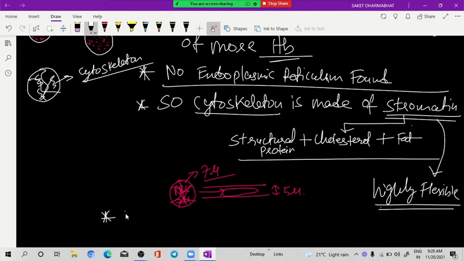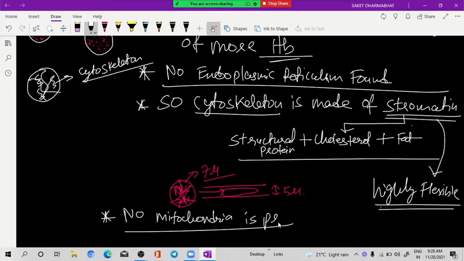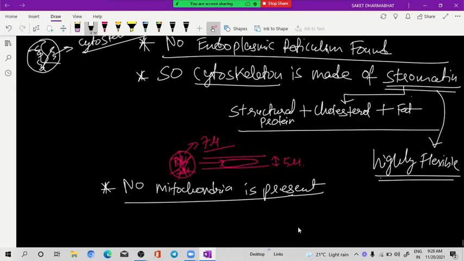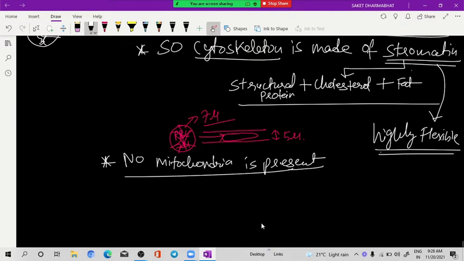Now, there is no mitochondria present in RBC. So tell me, what kind of respiration will RBC perform? Aerobic respiration? Anaerobic.